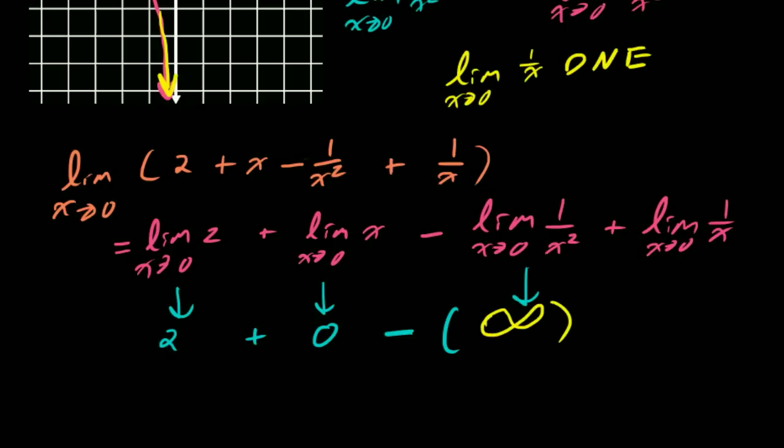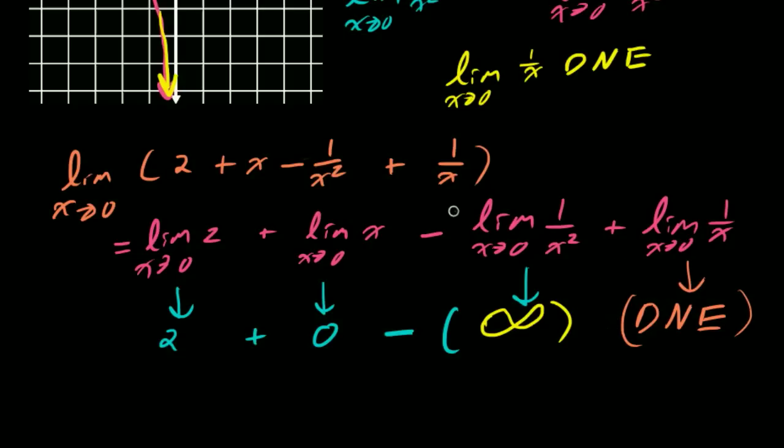And then we're going to add in the result from this function. But remember now that the limit of this function as x goes to 0 does not exist. So we can't even say plus does not exist. It doesn't make sense to say plus does not exist.